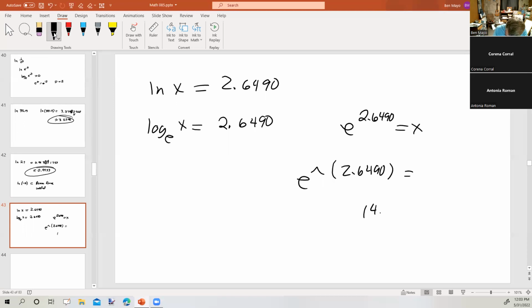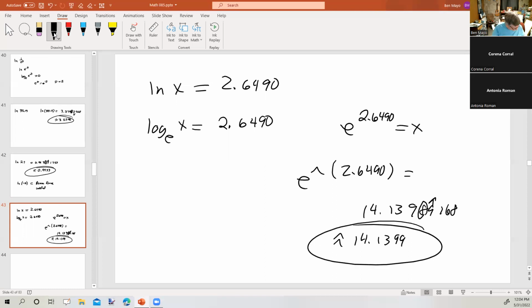And you should get 14.1398968. Going to 4 places, the 8, the 9 in the next place would round up, so 14.1399. Getting that okay? Yes.